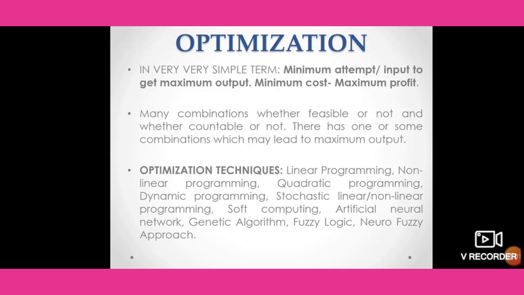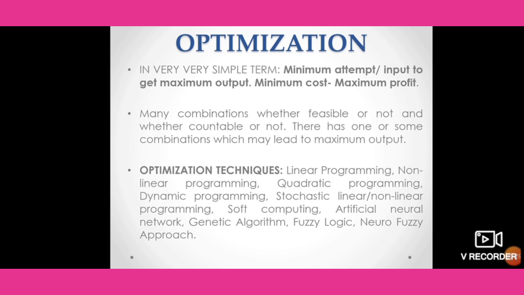Optimization is a very broad discipline which is used along with mathematical or computer-based programming, and many aspects and constraints are included in optimization. So first of all, we need to understand what optimization means, and what optimization techniques or methods are being used nowadays.